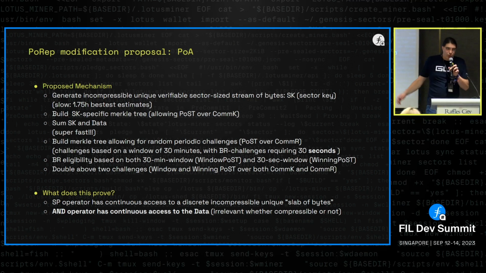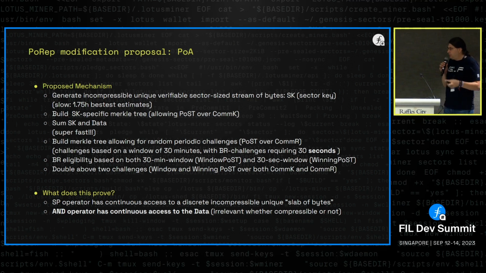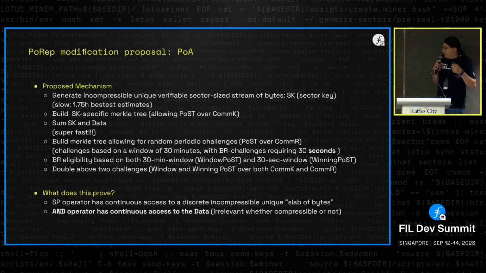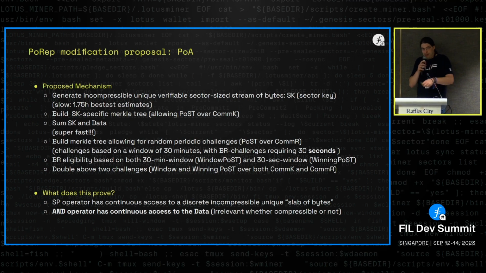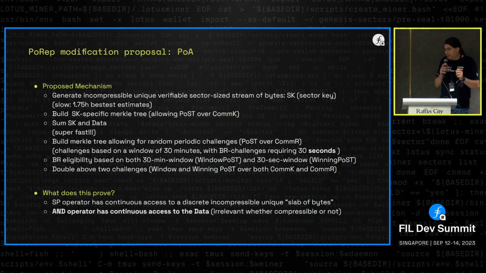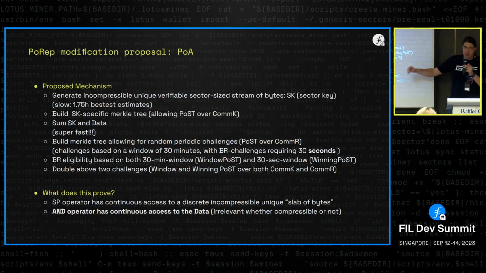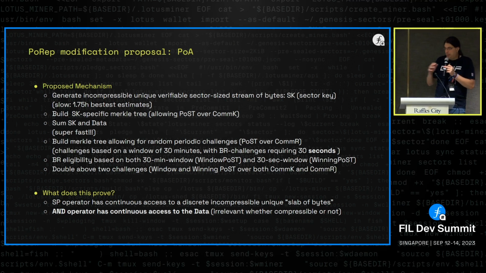Because otherwise, there is no way for you to respond to this challenge in the time allotted. Now, continuous access is very important because it's not that you are necessarily storing this yourself. You can share a copy with others, but the point is that within the 30-minute and 30-second windows, you are somehow being able to get it.